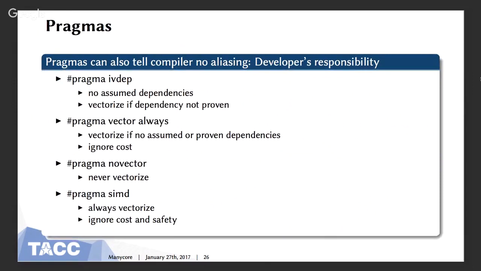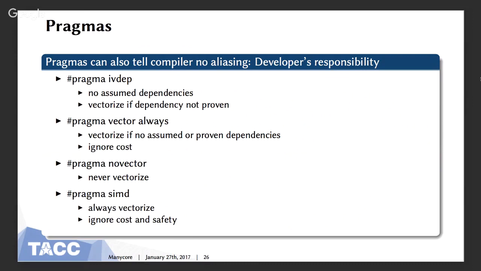Another thing that you can do, which is nice, is you can just tell the compiler for each loop the status of the safety of vectorizing it, or how hard it should work to vectorize it. So there are these 4 different pragmas here, which you would just put immediately above the loop that you're interested in vectorizing. The first pragma is IVDEP, and that just means it doesn't assume any dependencies.